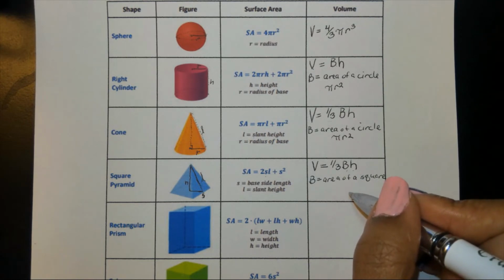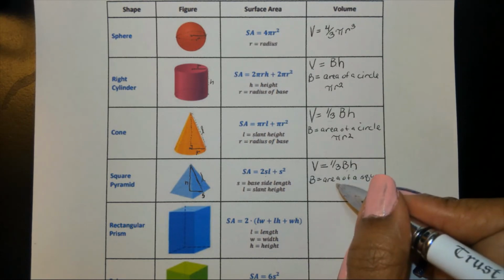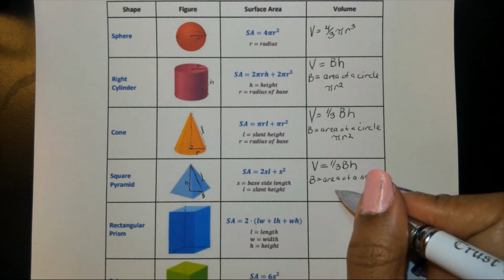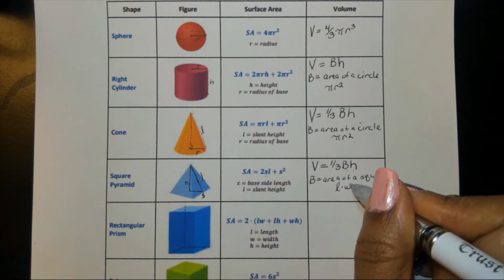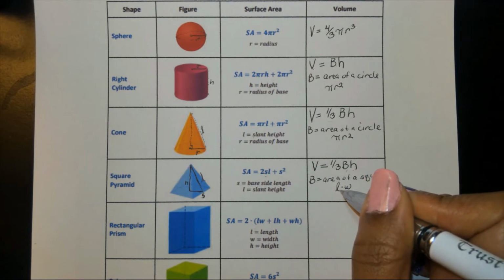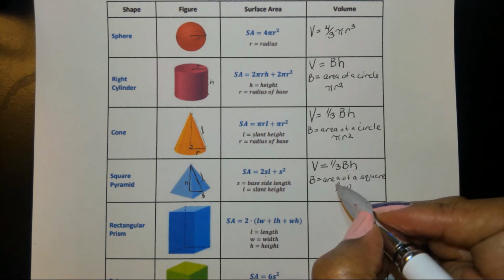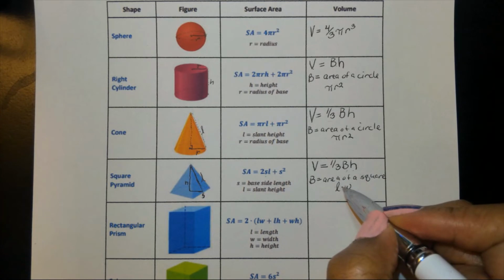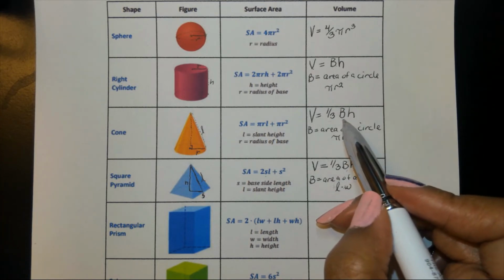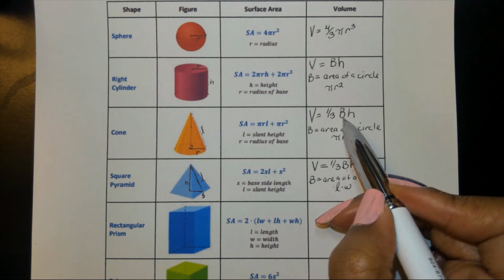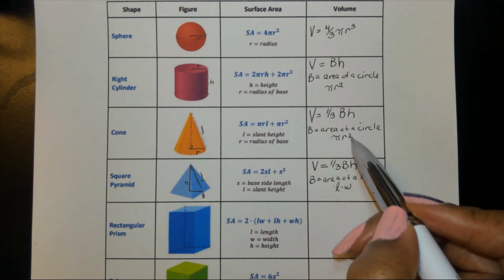Now, of course, we have to know what the area of the square is. The area of the square is just basically going to be your length times your width. And each time that we say this, what we're doing is replacing this B with the L times the W. Okay? Each time we talk about this B here, we're going to be replacing it with pi r squared.